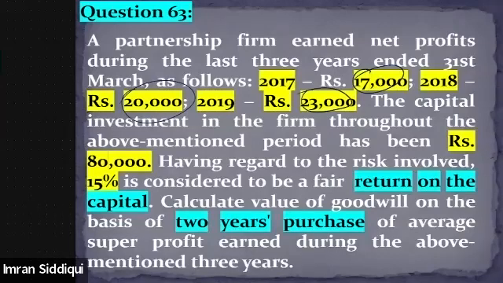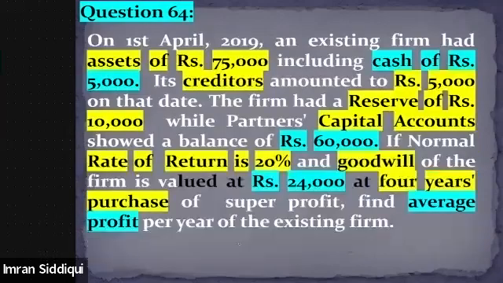Zainab? Sir, I also got 16,000. Shifa, you got 16,000 as well. Yes, sir. 16,000. Great. 16,000 is the correct answer. Since everybody is getting 16,000, I'm presuming that this is the right answer. Okay, moving on to the next one.